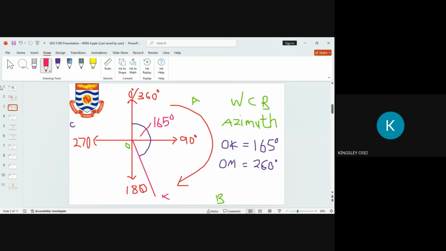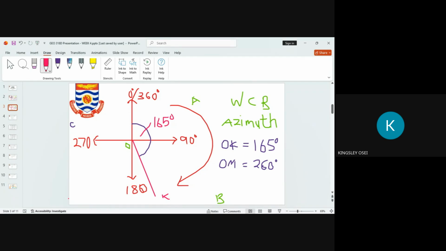So how would I use the protractor? In the case of this one, 165, you should always be flexible with your protractor. You should know how you can turn your protractor around, because the protractor can only turn in maximum 180. So you have to be smart to know how you arrange that 180 for various measurements.